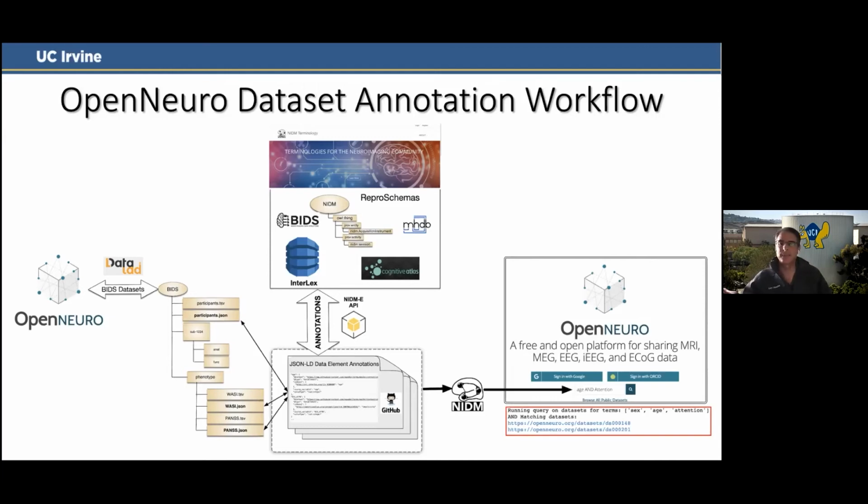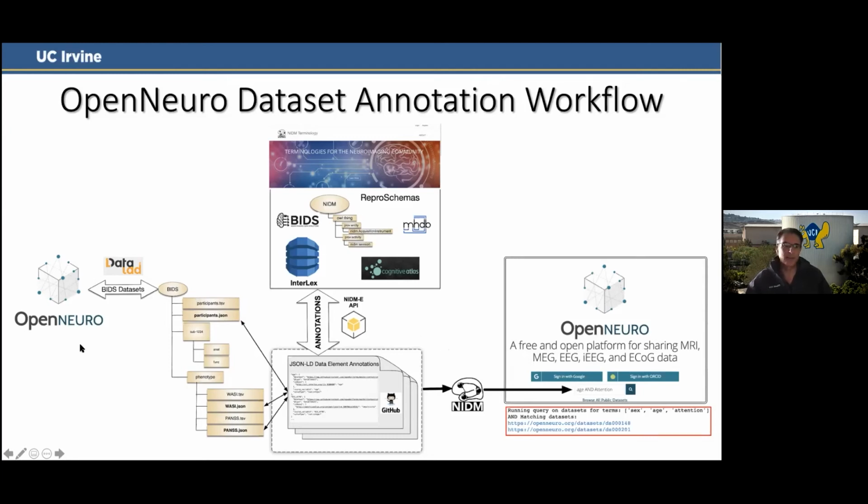In some cases, that makes sense depending on what your variables are: age, gender, handedness. Those are things that people will want to know about any data set if they're going to try to combine data together. But they also might want to know what the data set contains in terms of mental health questionnaires and things like that. So that's where the concept queries really come in.